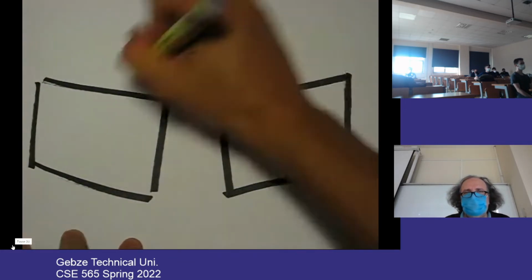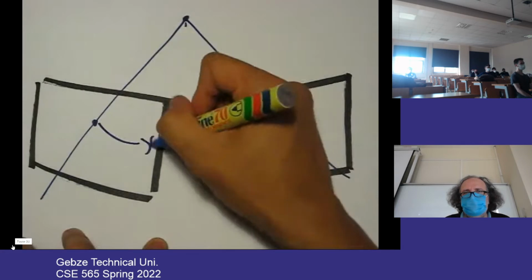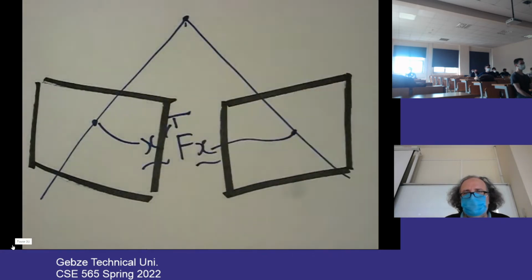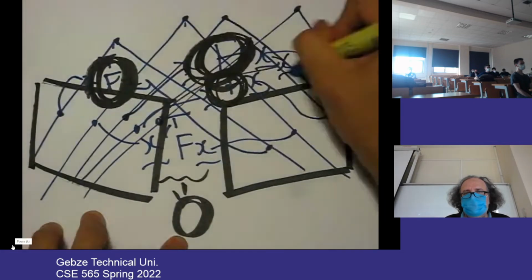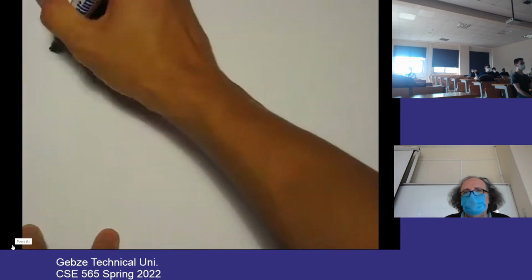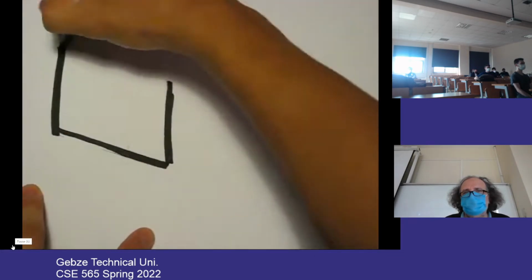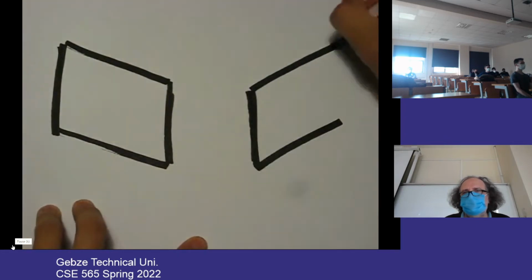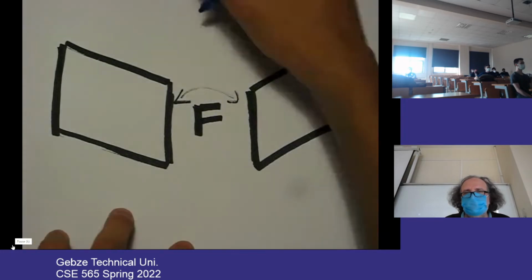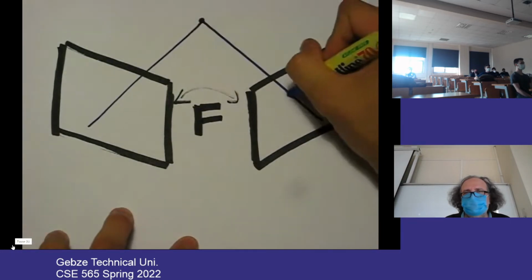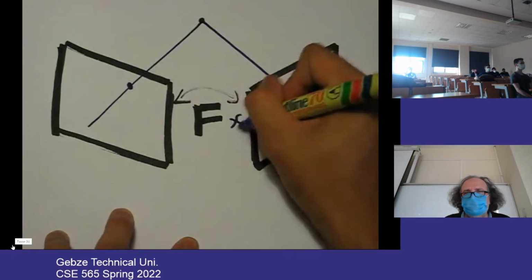Column vectors x and x prime. X prime transpose times F times x equals 0 every time. The epipolar constraint involves epipolar lines. Multiplying F by x results in vector L prime.